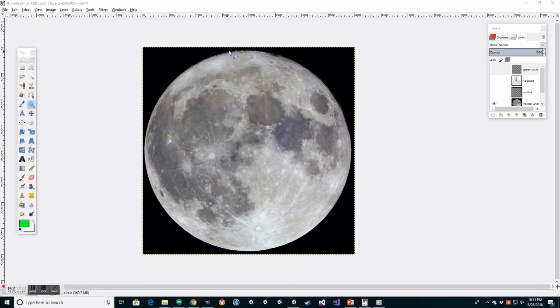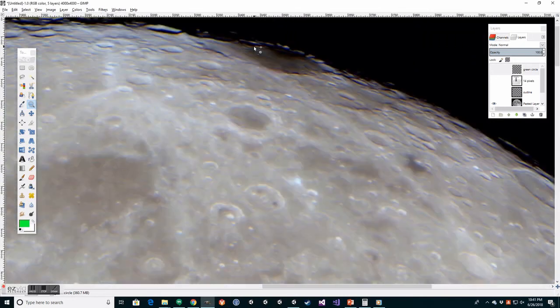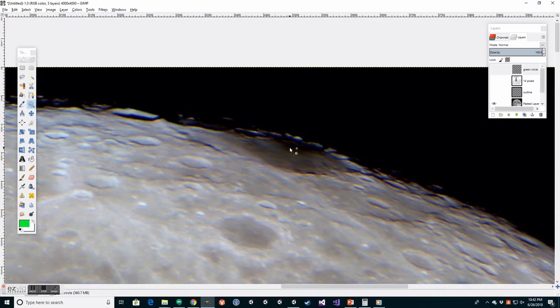It's fuzzy around here. And up in this area, you can see some craters that are being partially lit. See right here, this crater is lit around the rim and not lit down in the valley. And there's a ridge back here that has been lit, but the space in between is not being hit by the sun.